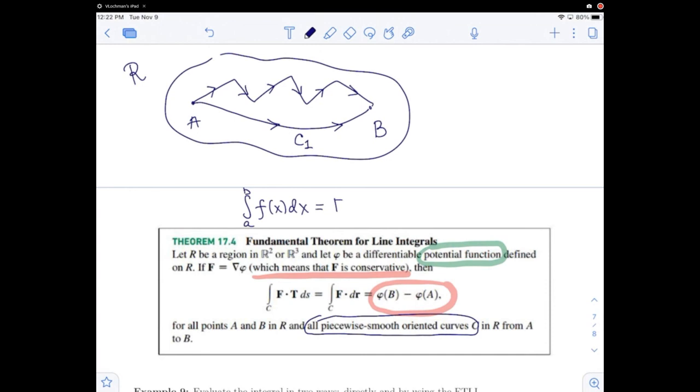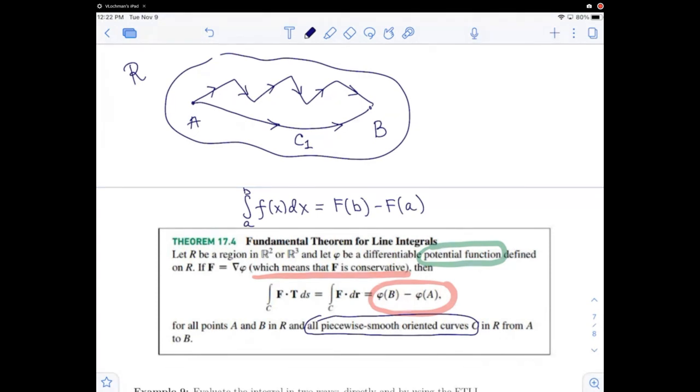Big F, right? So big F of B minus big F of A. I mean, this is how we evaluate our simple integrals. So here you can see that our potential function phi serves as the antiderivative for a higher dimensional version.